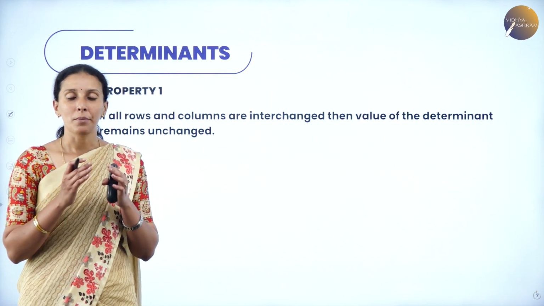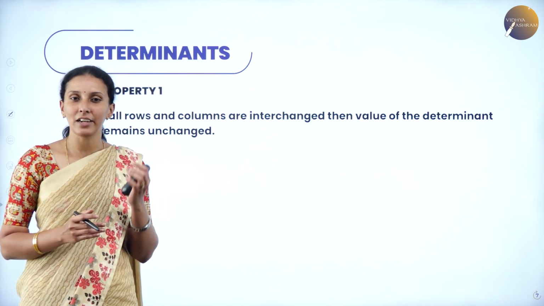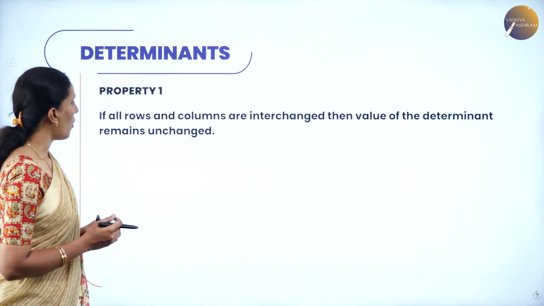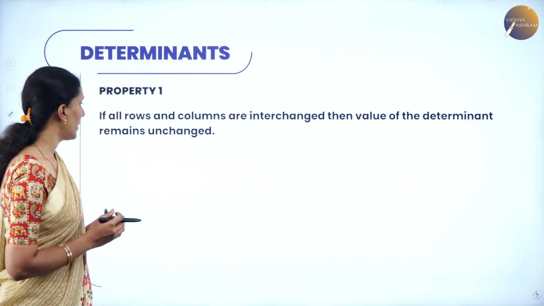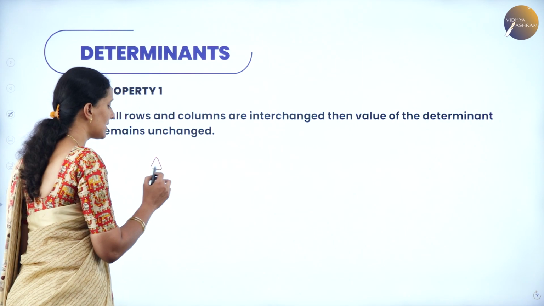Next, we will move on to some of the important properties of determinant which help us to evaluate and find the value of the determinant. The very first property is, if all rows and columns are interchanged, then the value of the determinant remains unchanged. Let me take one determinant, let me say it as delta.